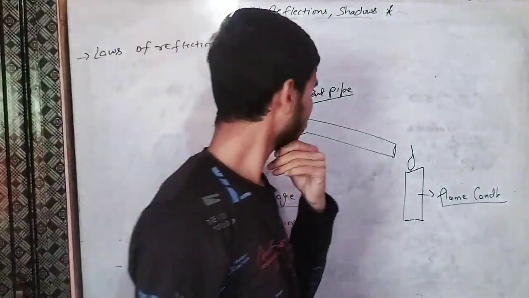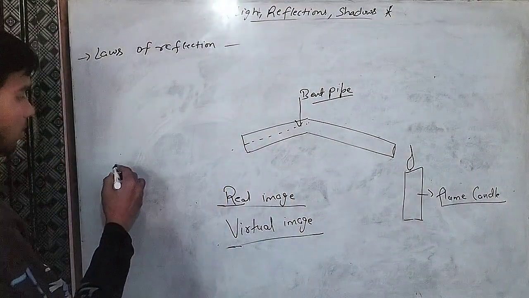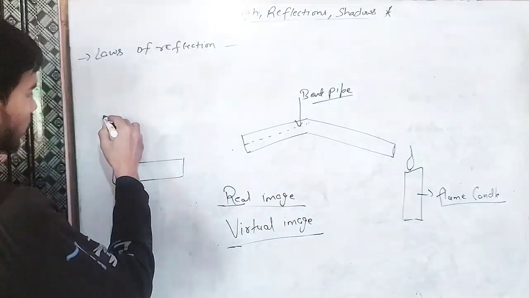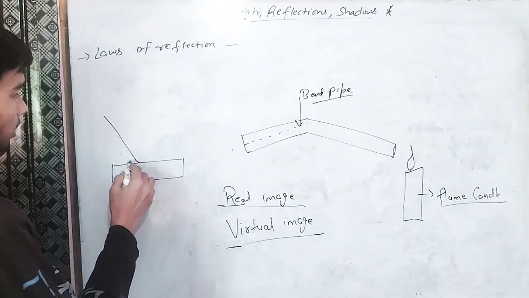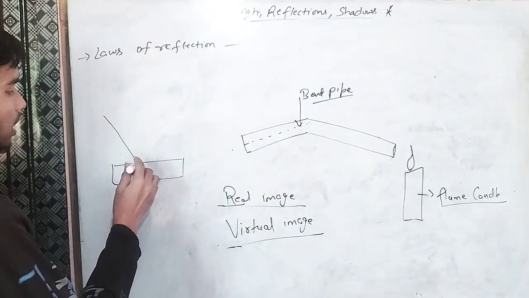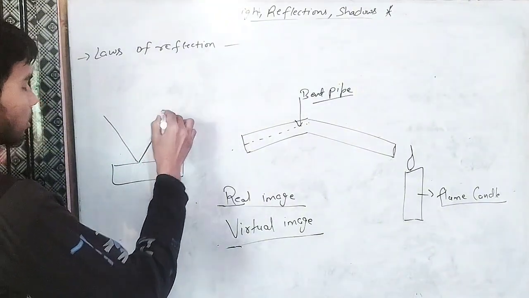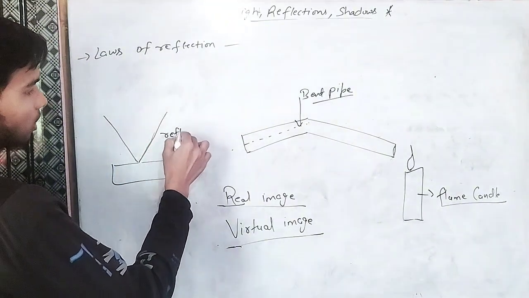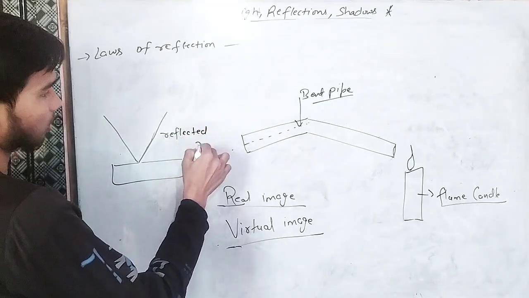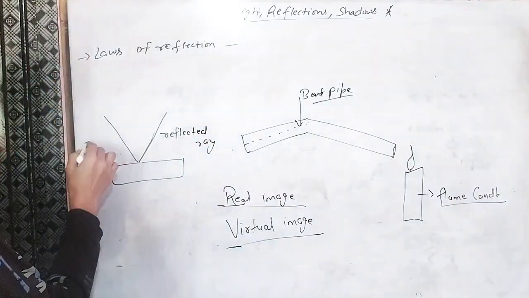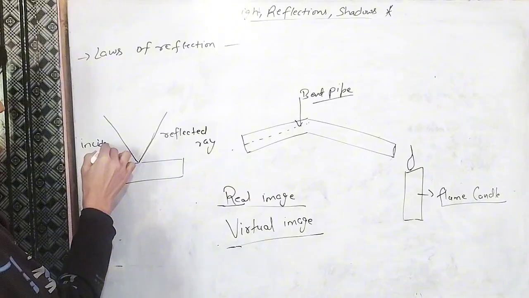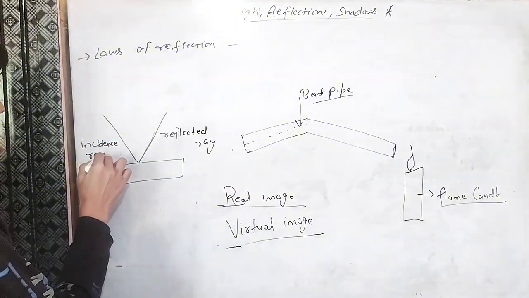Look, buddy, this is a plane, and here the incidence ray is falling and turning into another direction. This is the reflected ray, and this is the incidence ray.